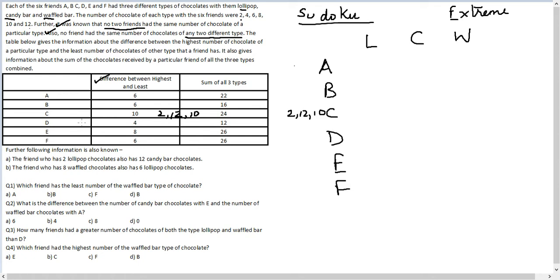Now let's look at a difference of 4. A difference of 4 can be obtained with 2, 6, 4, 8, 6, 10, 8, 12. So that is not a lot of help. Let's look at a difference of 8. I can have a difference of 8 with 10, 2 or 12, 4.